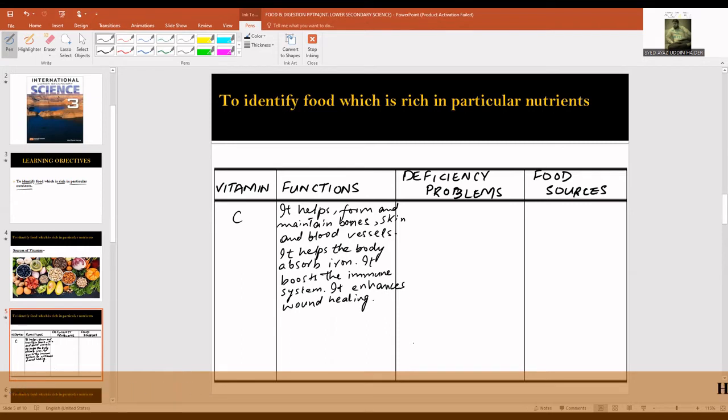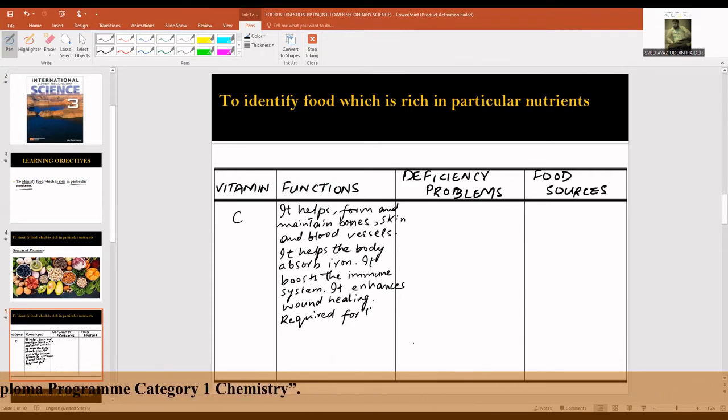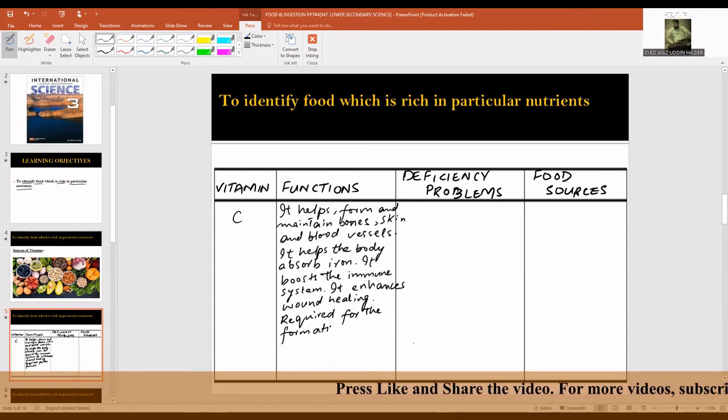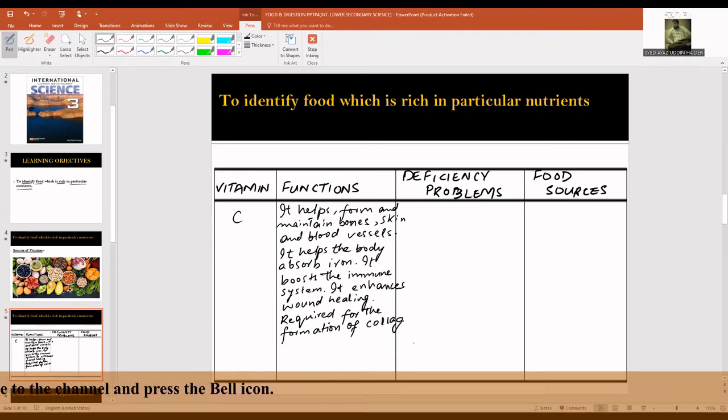Required for the formation of collagen, to hold cells together. Collagen is a protein in connective tissues.